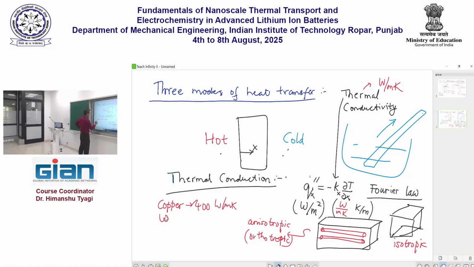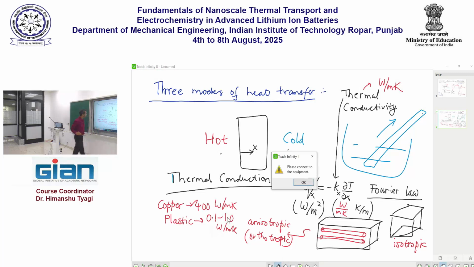For air, it's coming around 0.02. Yes, absolutely. For plastics, for wood, mica sheet, those kinds of materials, the thermal conductivity is much lower. It's of the order of 0.1 to 1 watt per meter Kelvin, very low.